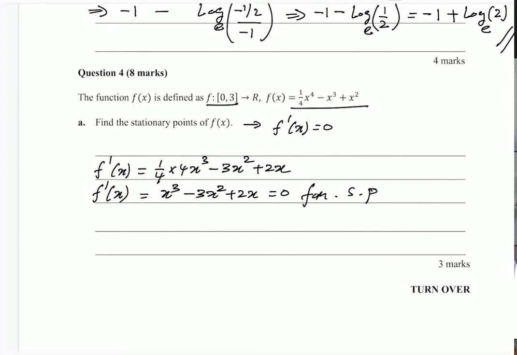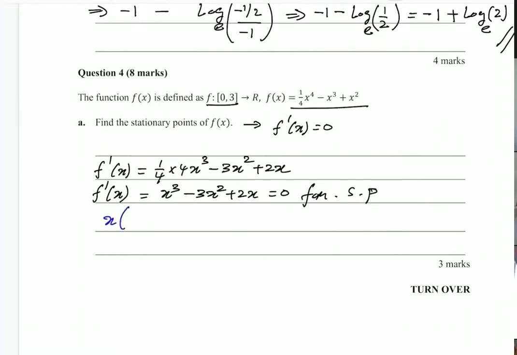Then how to do this one? Now you can see this is a cubic. But if you have a cubic, typically what you do, you use the factor theorem or rational root theorem, those kinds of factorization methods. But here you observe x here, so you can take x out from this.